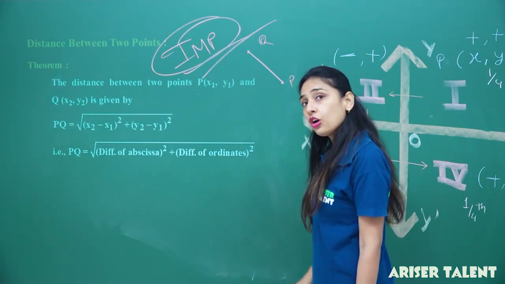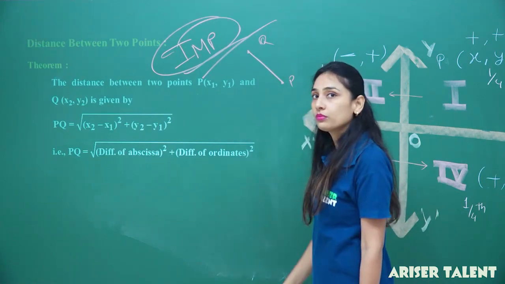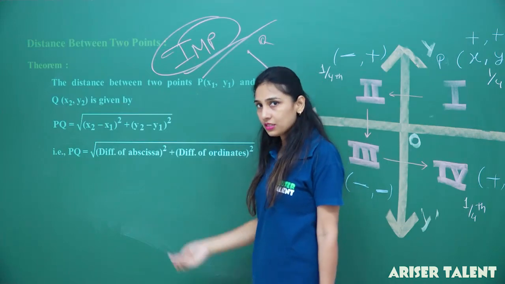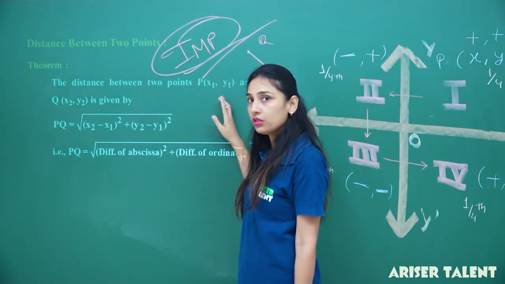So, if I talk about the distance between these two, I can directly write PQ, because the coordinates are of these points P and Q and we are talking about the distance between them.